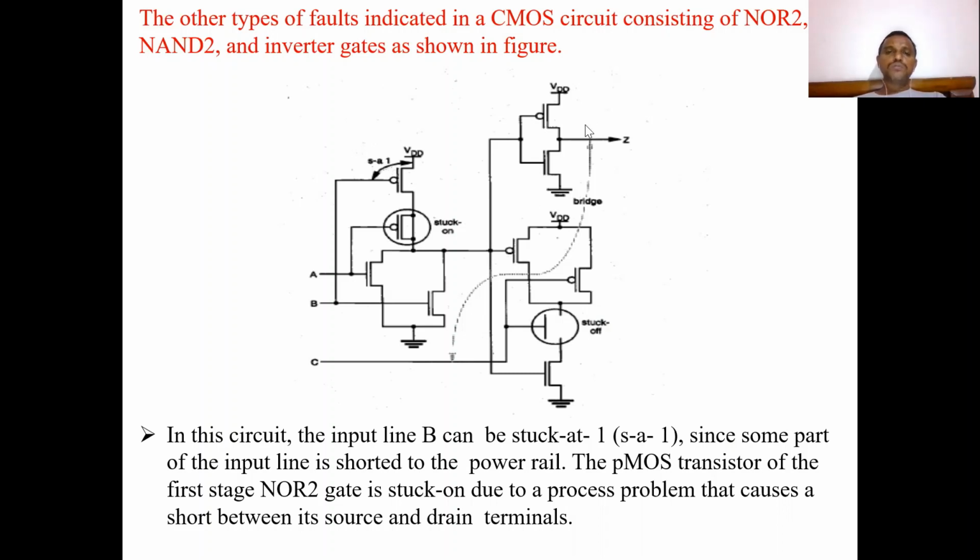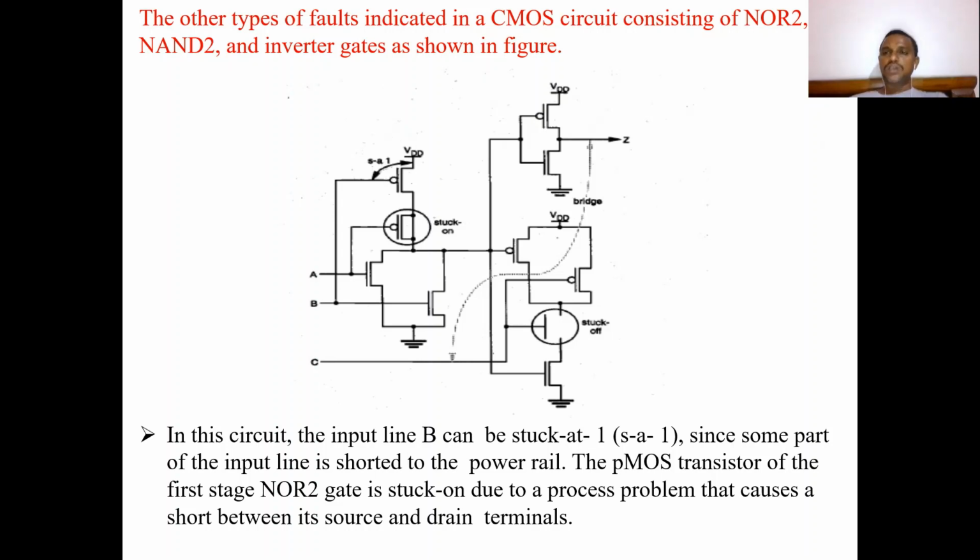If you observe the first one here, if at the time of fabrication the gate of this PMOS transistor is shorted with the power rail, that is VDD, then what happens here? The gate of this PMOS will always be connected with logic 1.